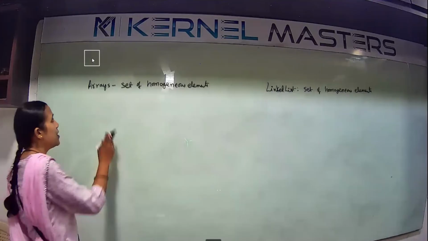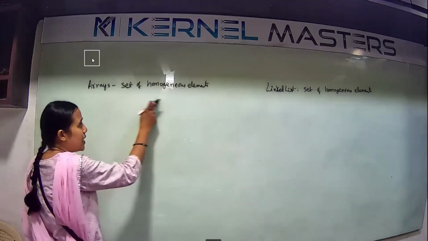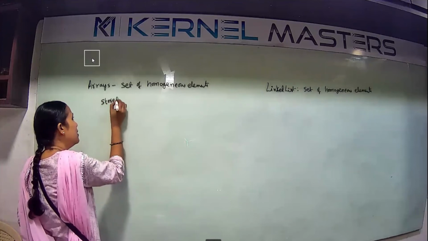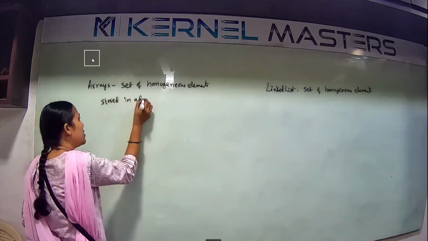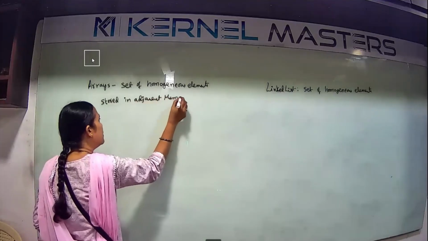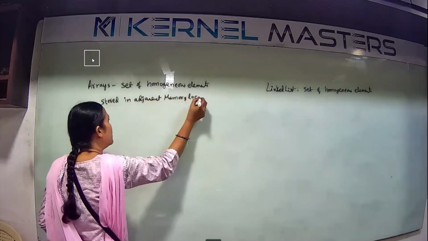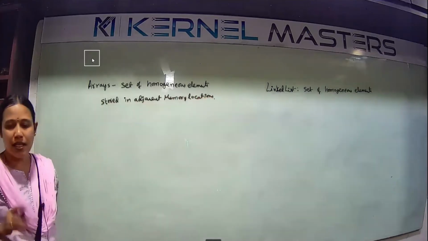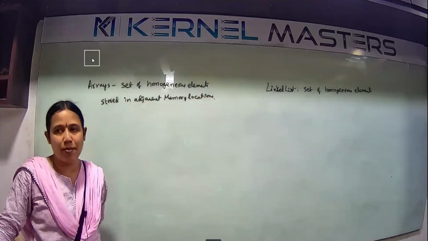So in arrays, the set of homogeneous elements are stored in adjacent memory locations. The elements are placed in adjacent memory locations without any gaps.